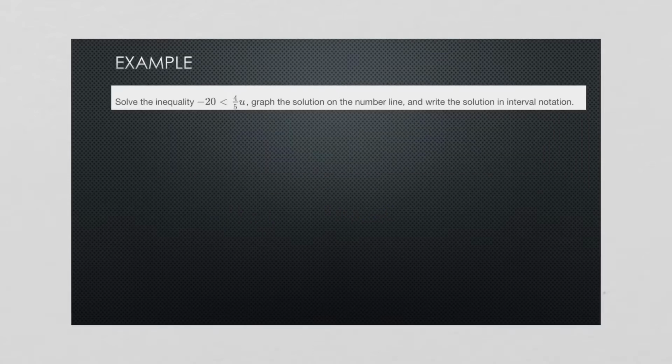Alright, so this problem here, we've got negative 20 is less than 4/5 u. So I want to divide both sides by 4/5, and I get negative 25, I believe.